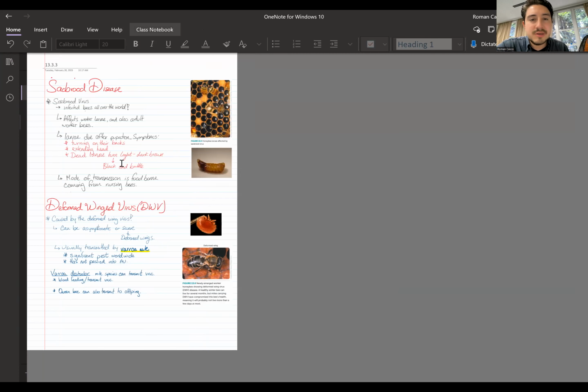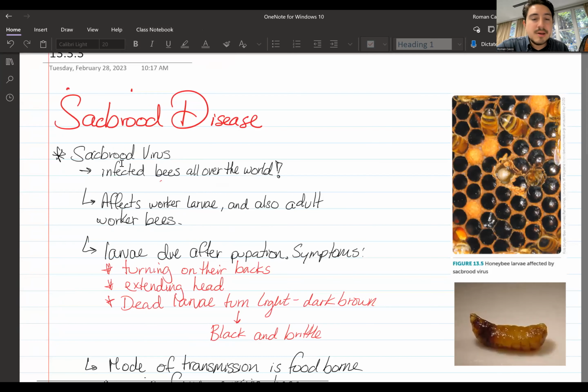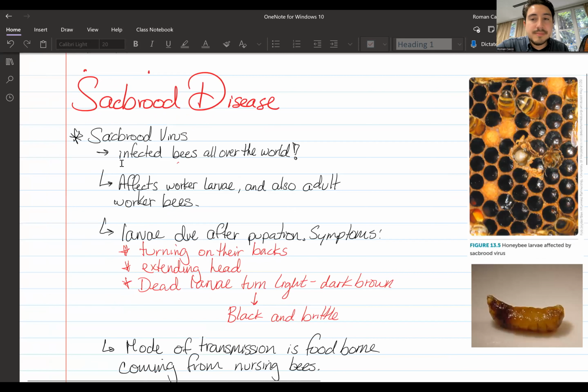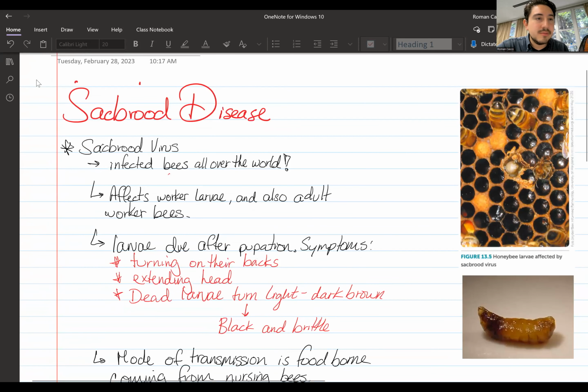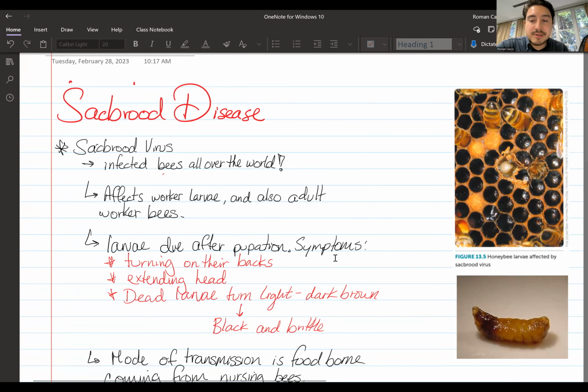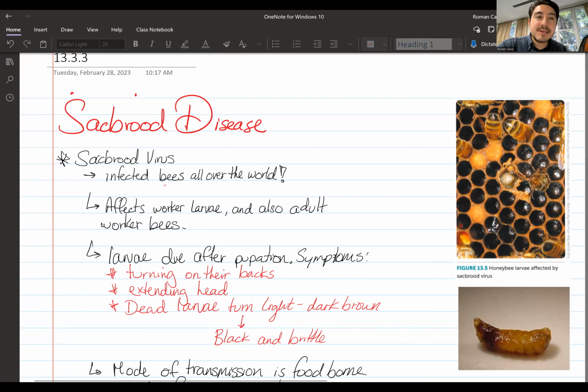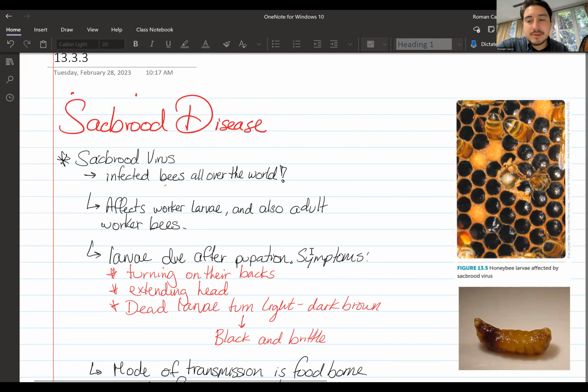So going into the specifics, not too detailed, right? In terms of bees here. So the first one is called sac brood disease, and it comes from another virus that's called the sac brood virus, right? And this virus is very broad spectrum, if I can say, in terms of the specific species, right?